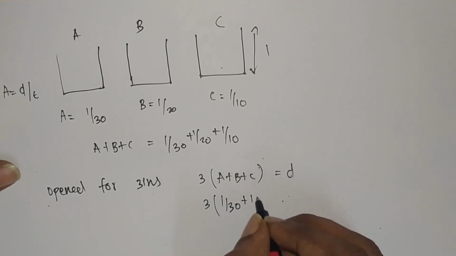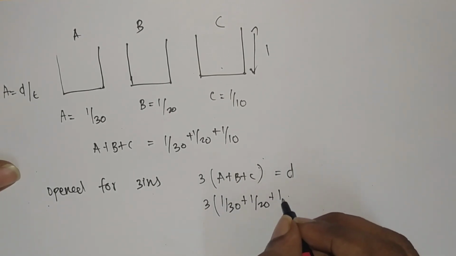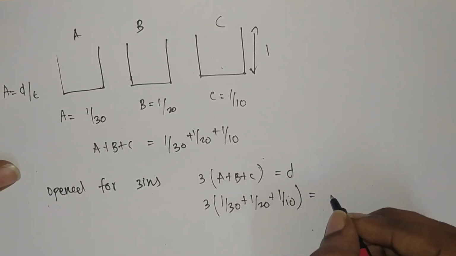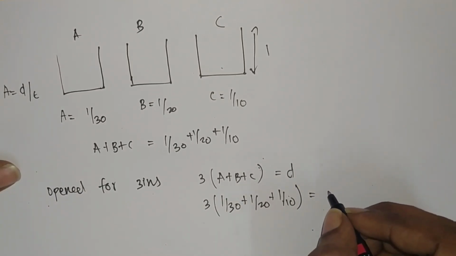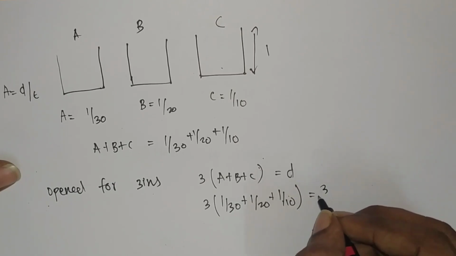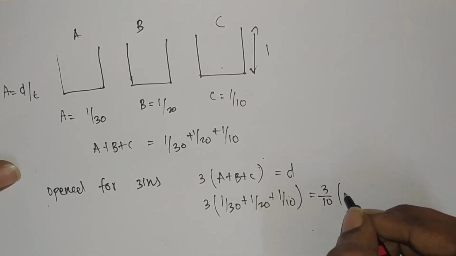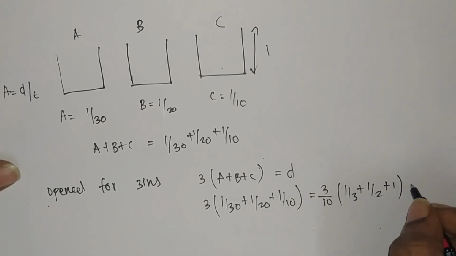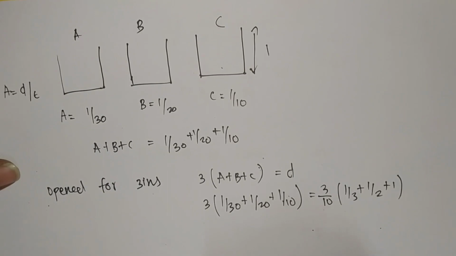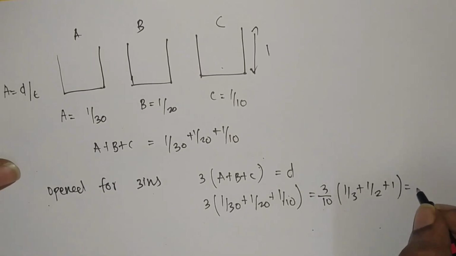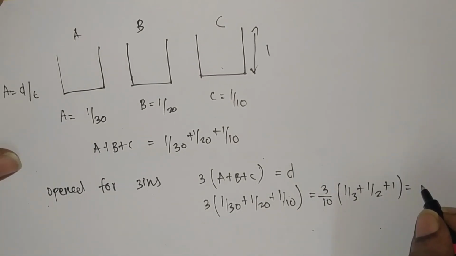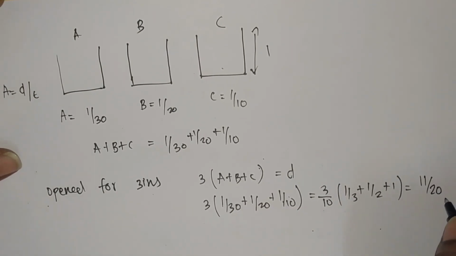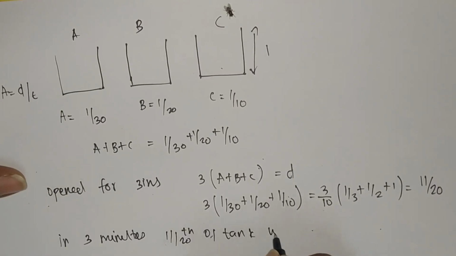Now substitute the values for A, B and C and solve to find D. This is 3 into (1 by 30 plus 1 by 20 plus 1 by 10), which equals 11 by 20. So in 3 minutes, 11 by 20th part of the tank was filled together by A, B and C.